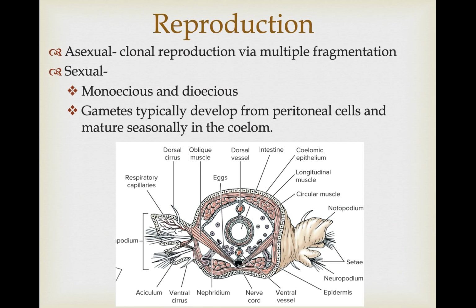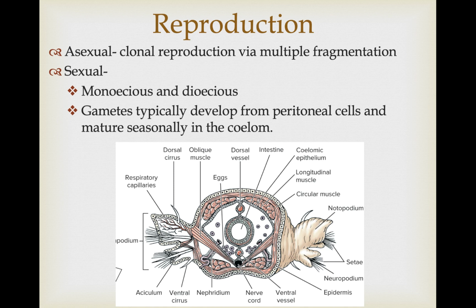As far as reproduction goes, we're back to a group of organisms, despite their complexity, because they're metameric, because each segment has the capability of doing most of the body functions, they still have clonal reproduction capacity via multiple fragmentation in many cases.